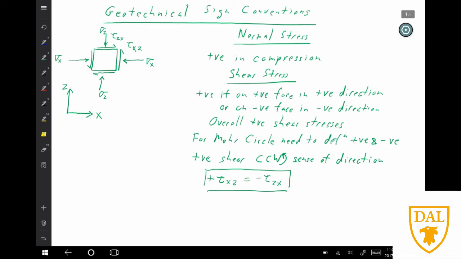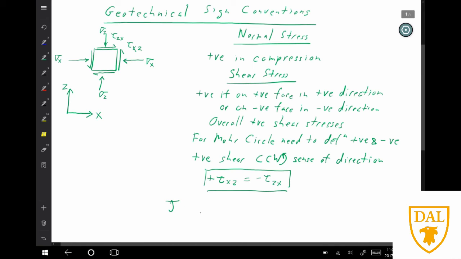However, you must make it clear. What I always do is draw this stress block and just state your sign convention, right on the test. There's nothing wrong with that. So just make your convention clear.